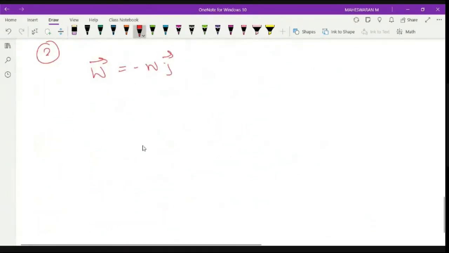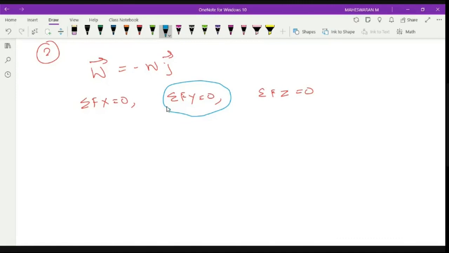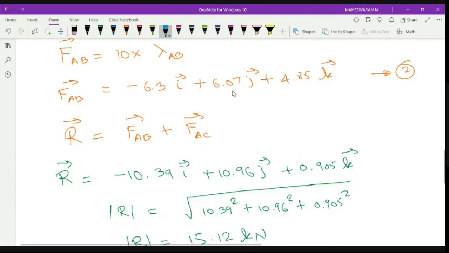Now, if I say it is in equilibrium state, I can say that sigma Fx is 0, sigma Fy is 0, and sigma Fz is 0. So your W is in the J direction, indicating that I have to concentrate only on sigma Fy to equate it to 0, because all other forces are known. So sigma Fy, adding these two, you are getting 10.96 J vector.